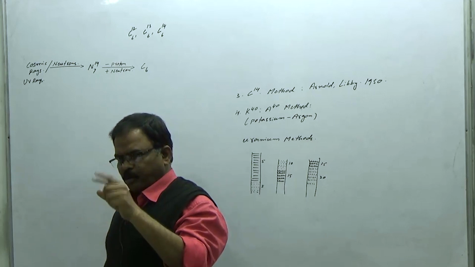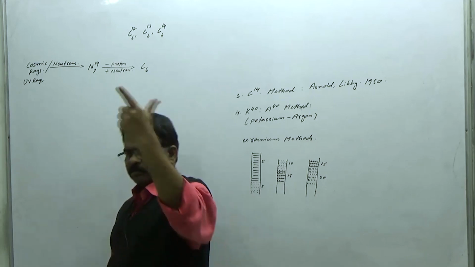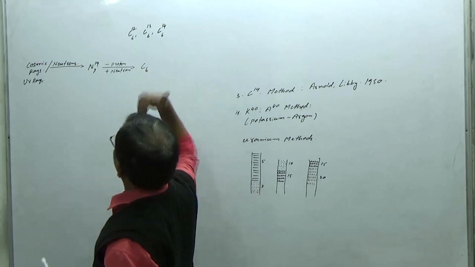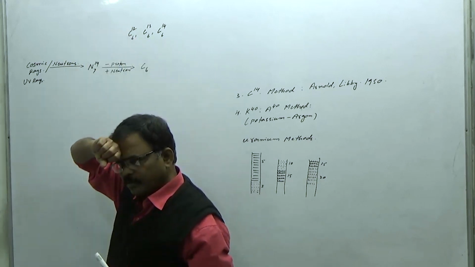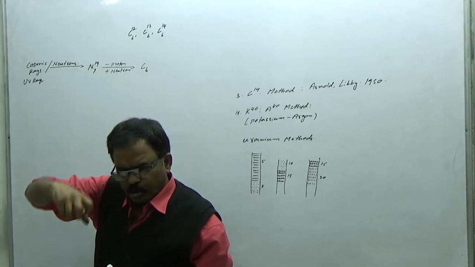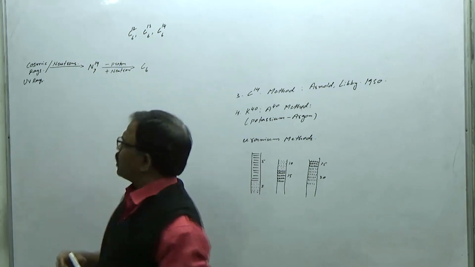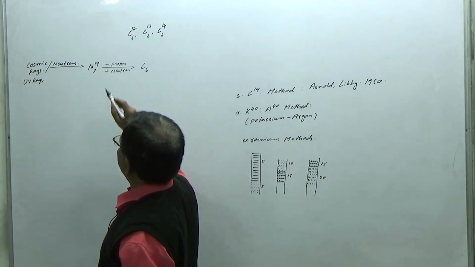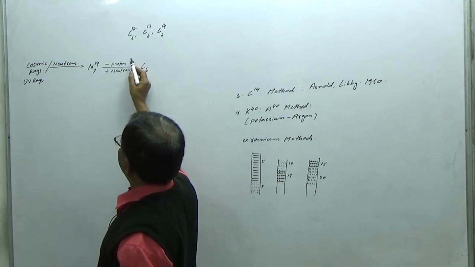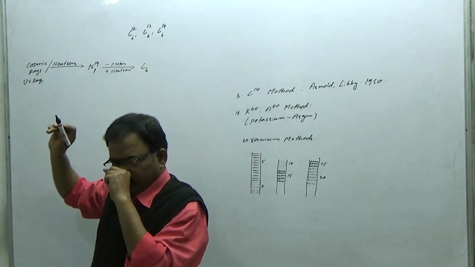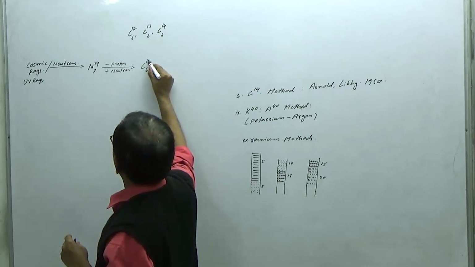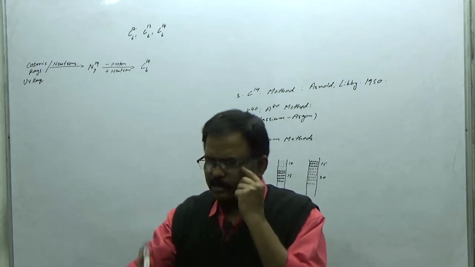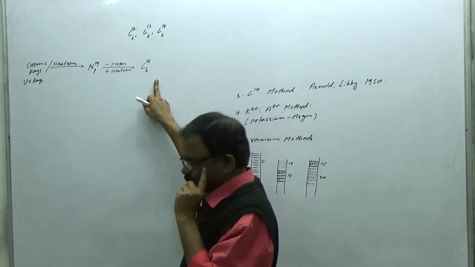Then atomic weight, mass, is the total number of protons and neutrons. Earlier 14 was there, 7 plus 7, one is eliminated, another one is added. So the mass is still 14, while the atomic number is 6.